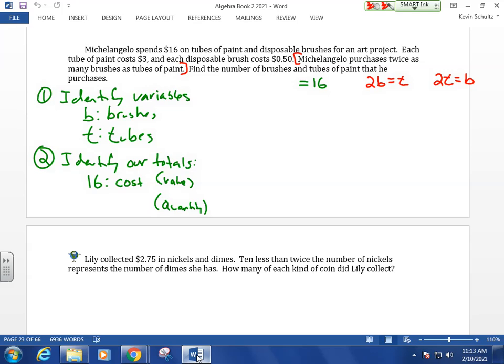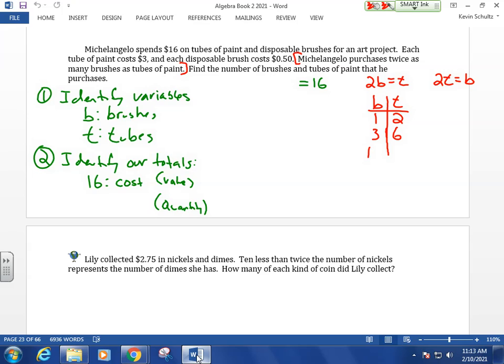And if you're ever in a situation where you're unsure, we can always make a function table, a BT table here, to help us. Again, don't write this down yet, okay? But if we have 2B equals T and we buy one brush, how many tubes of paint is that going to mean that we buy? Yeah, two. Okay. What if we buy 3 brushes? How many tubes of paint? 6.